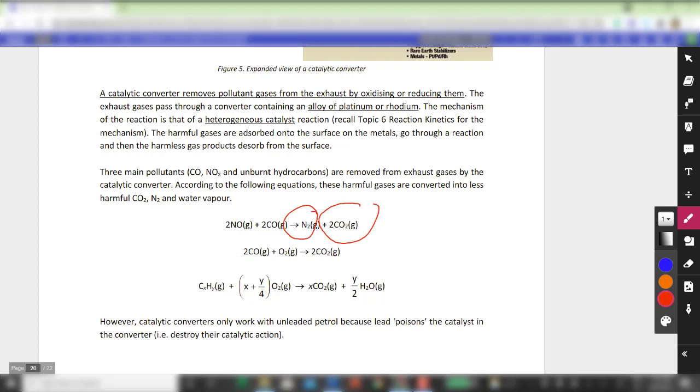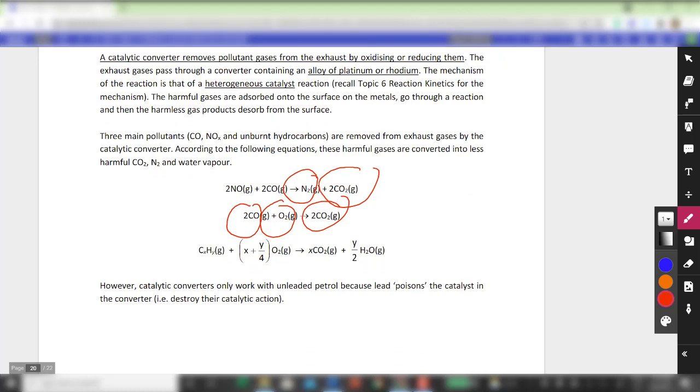CO2 will still be released into the surroundings, and then of course CO and O2, hopefully the CO will react with the oxygen in the catalytic converter to give you CO2, and then the unburned hydrocarbon will react to give you CO2 and steam.